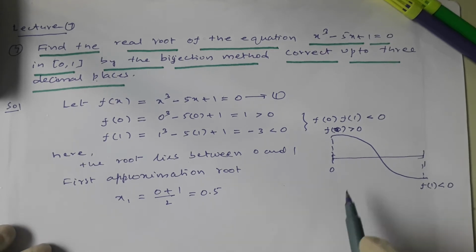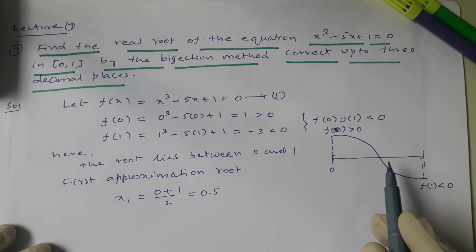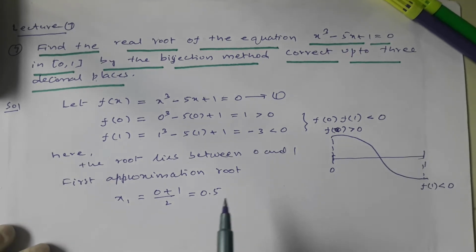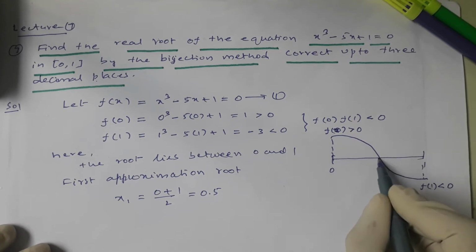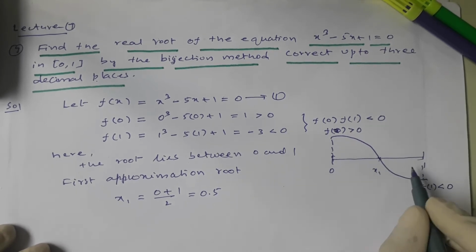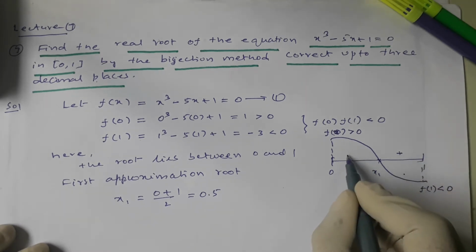In the previous problems, the function at the lower limit was less than 0 and at the upper limit greater than 0. Now the function is like this, where this is x1. Now the right side is the positive values, and this is the negative side.